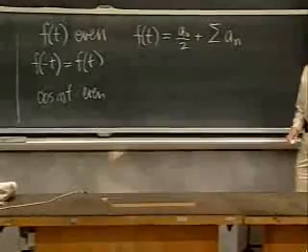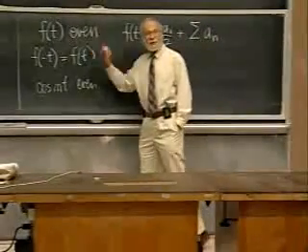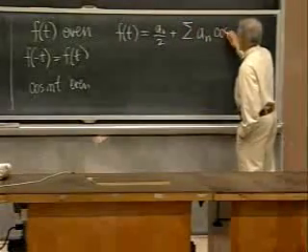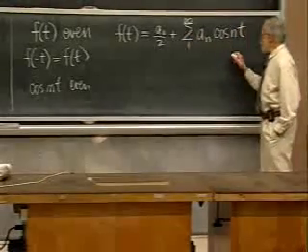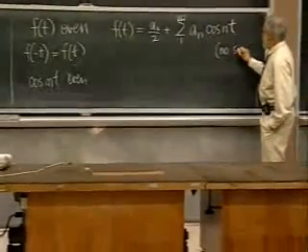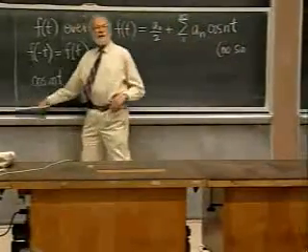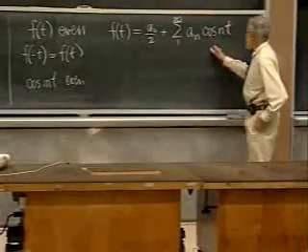In other words, half the calculations you don't have to do if you start with an even function. That's what I mean by shortening the work. There are no odd terms, no sine terms, or let's put it positively, all the bn's are 0.